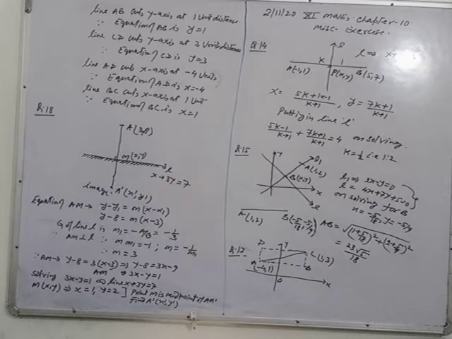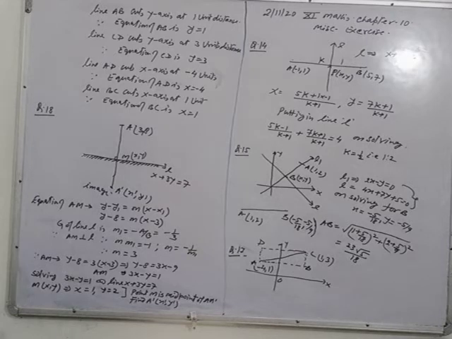Now line AD: when you produce DA, it will intersect the x-axis on the negative side at 4 unit distance. It is clear from the coordinates of A (minus 4, 1). So the equation of AD is x is equal to minus 4.